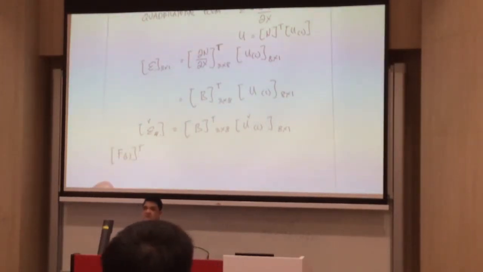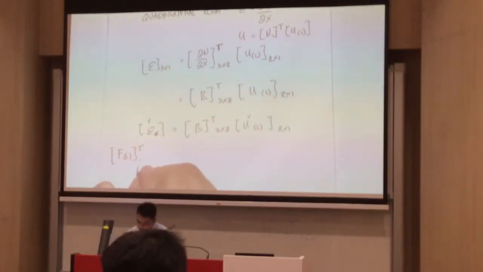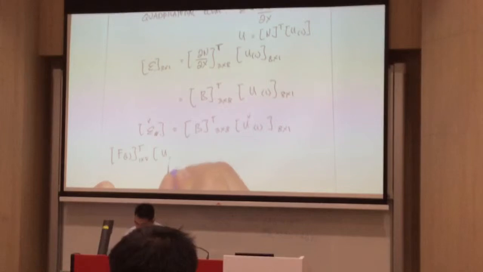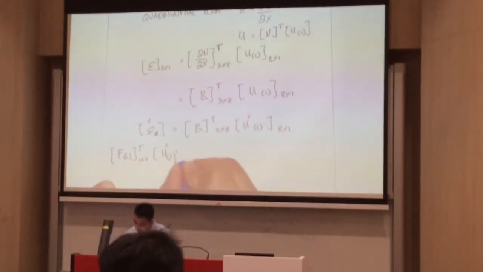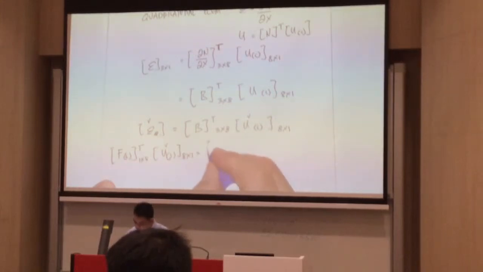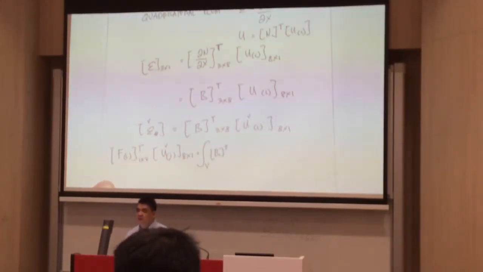So I have now here my force, which is a 1 by 8. I have my virtual displacement, 8 by 1. So this one now is the volume integral of that strain displacement matrix transpose, which is a 3 by 8.